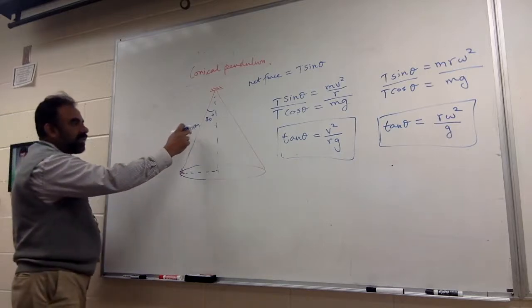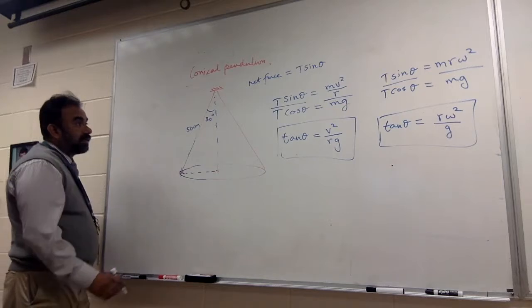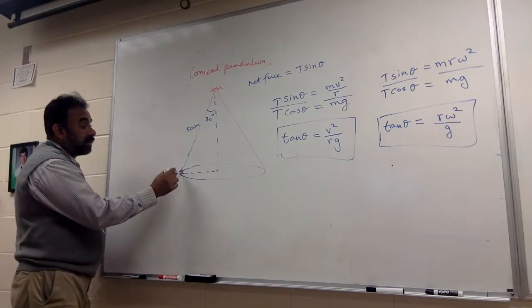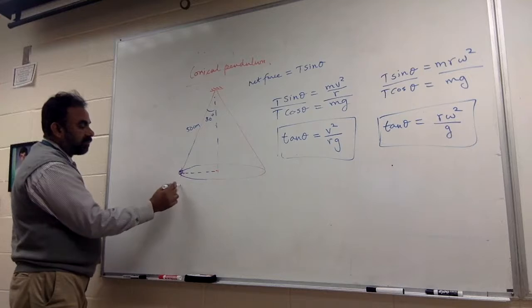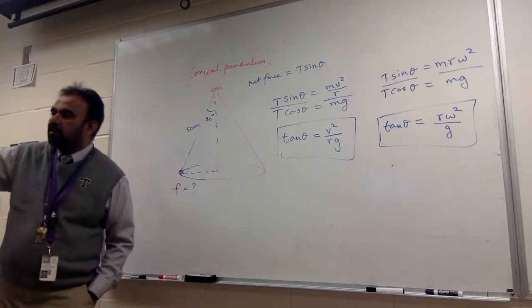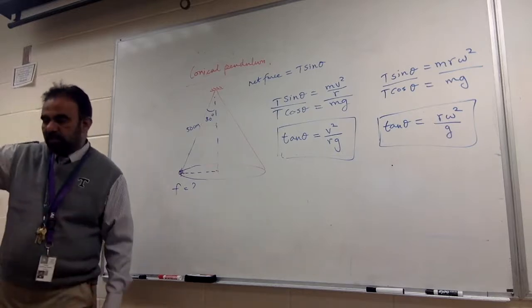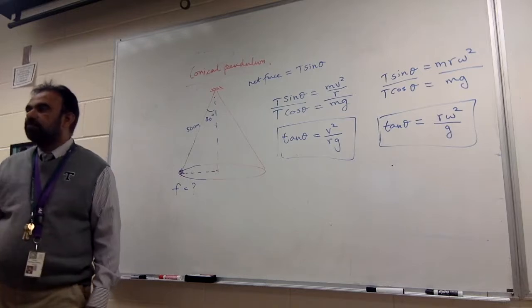So if I give you this length and this is 30 degrees, if I ask you what is the frequency, what should be the frequency of the turn? Like how many spins can it do every second?